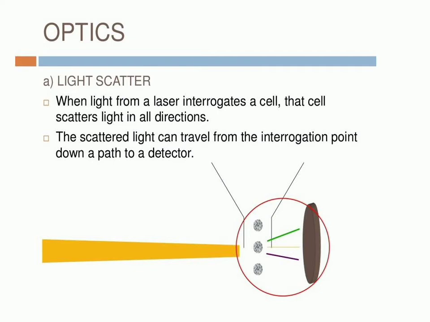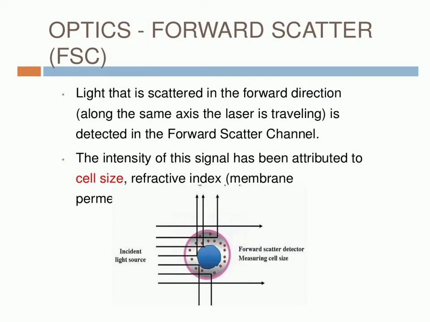In the case of forward scatter, light that is scattered in the forward direction along the same axis the laser is traveling is detected in a forward scatter channel. The intensity of this signal has been attributed to cell size and refractive index, that is membrane permeability. Side scatter.